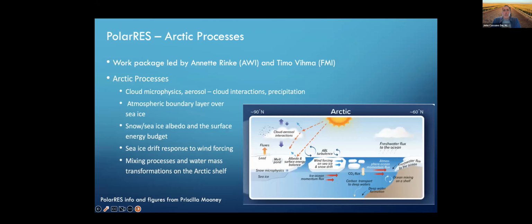So PolarRES has several work packages associated with it. One focusing on Arctic processes, so that's helping to fill in gaps. Annette Rinke at Alfred Wegener and Timo Vihma at the Finnish Meteorological Institute are leading this.